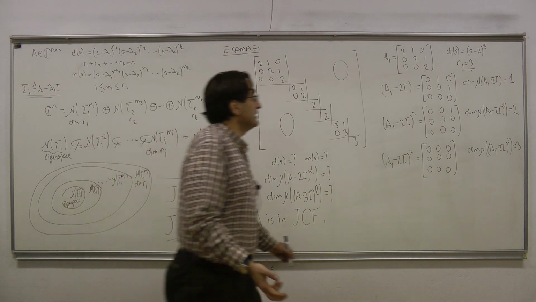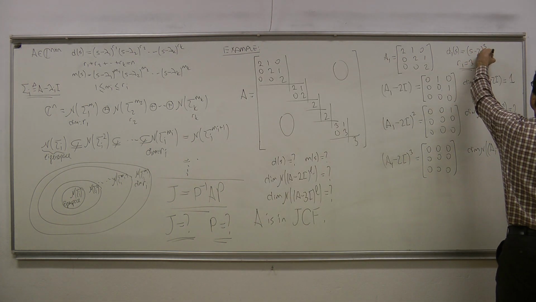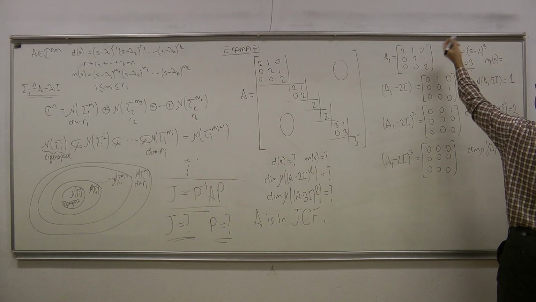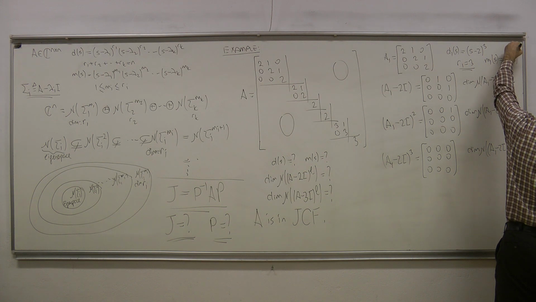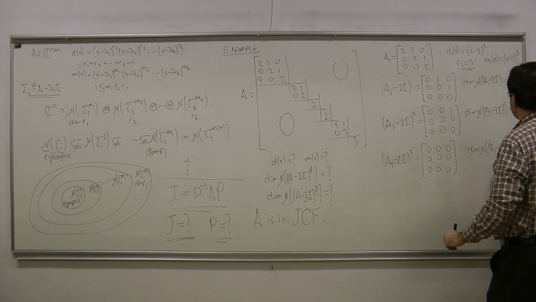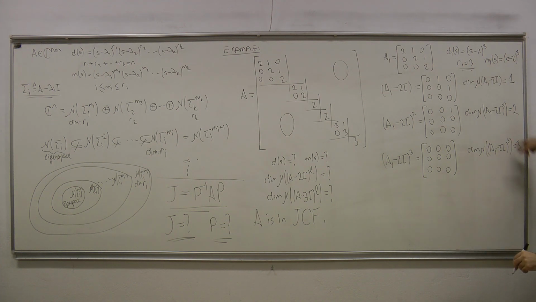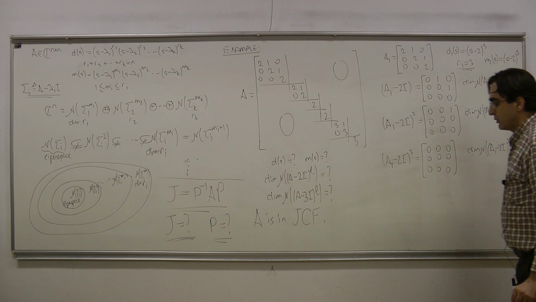That means that the minimal polynomial of this matrix is going to be S minus 2 cube. Because we reached the dimension R1 at the power 3, the minimal polynomial power is going to be 3 as well.